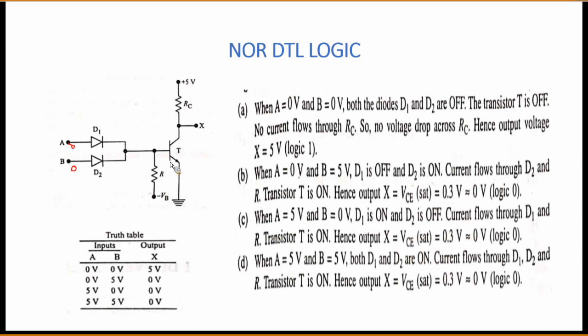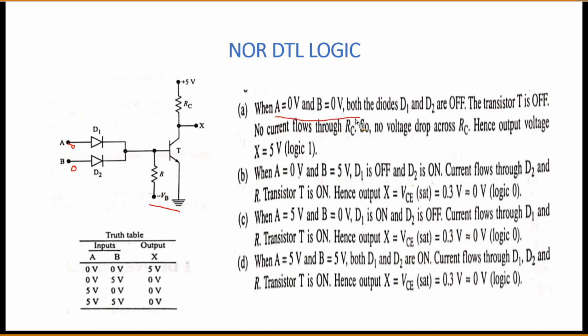This minus VB supply is given to the transistor as well as to the OR gates. To keep the transistor originally in off state, this negative supply is given initially. So you can see the first condition.